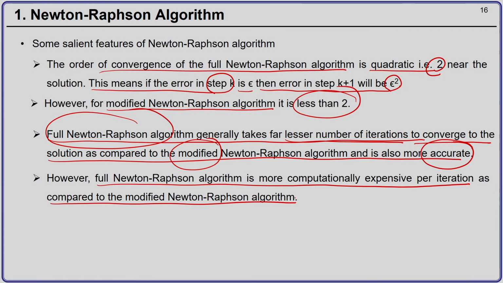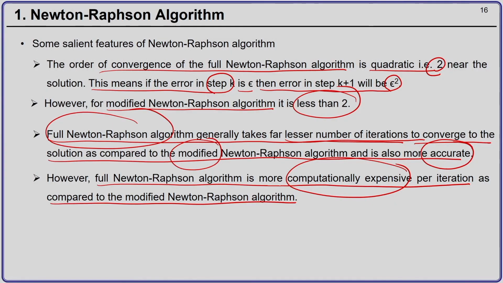Okay. However, full Newton-Raphson algorithm is computationally more expensive per iteration as compared to the modified Newton-Raphson algorithm. This is because in each step we have to recompute the tangent matrix k in full Newton-Raphson method, and computing the tangent matrix k is a computationally very expensive process. Okay. Therefore, full Newton-Raphson method is computationally expensive per iteration. However, note that we need fewer iterations per step for full Newton-Raphson method.